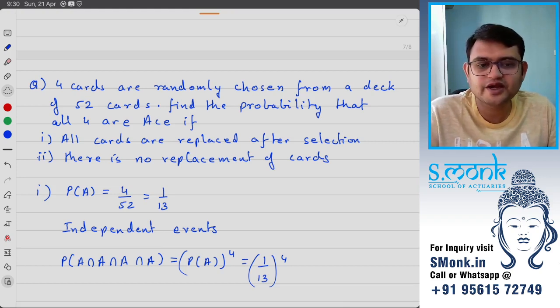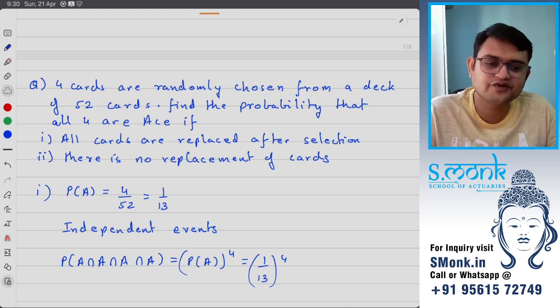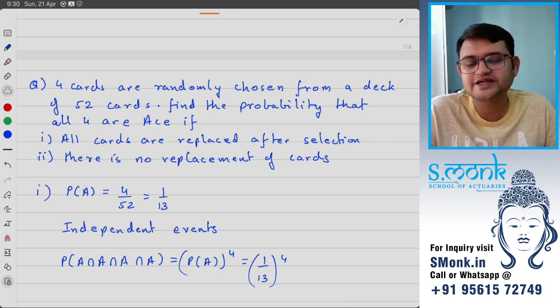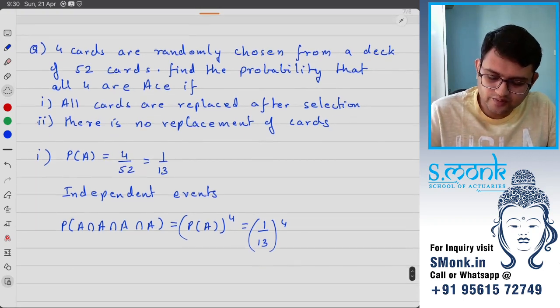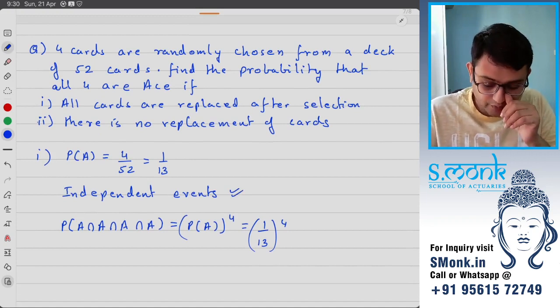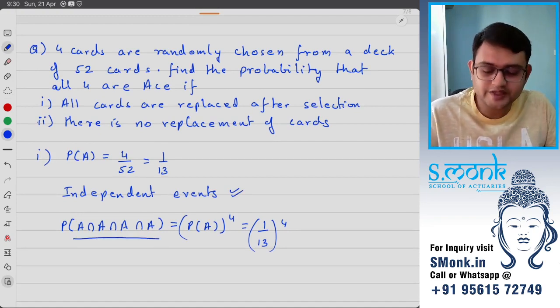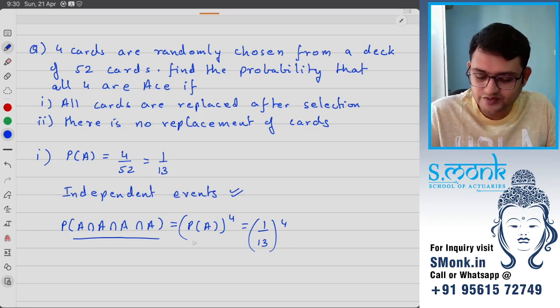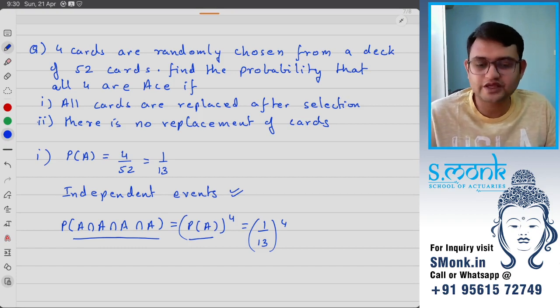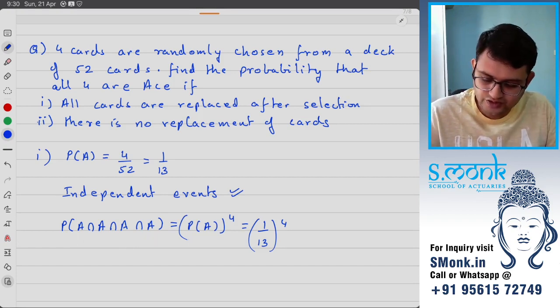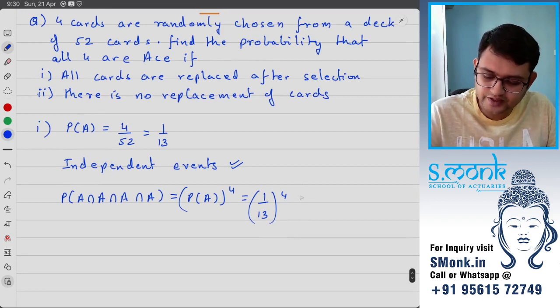Find the probability that all 4 are aces if first all cards are replaced after selection. We said if we are talking about replacement, then they are independent events, and that is why the probability of all 4 being aces is the same as the probability that we get an ace individually in all 4 events. So we got 1 by 13 raised to 4.